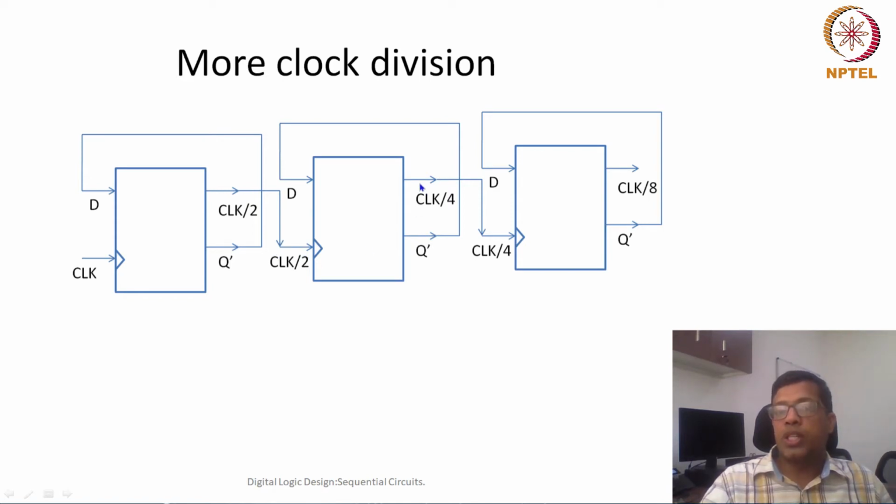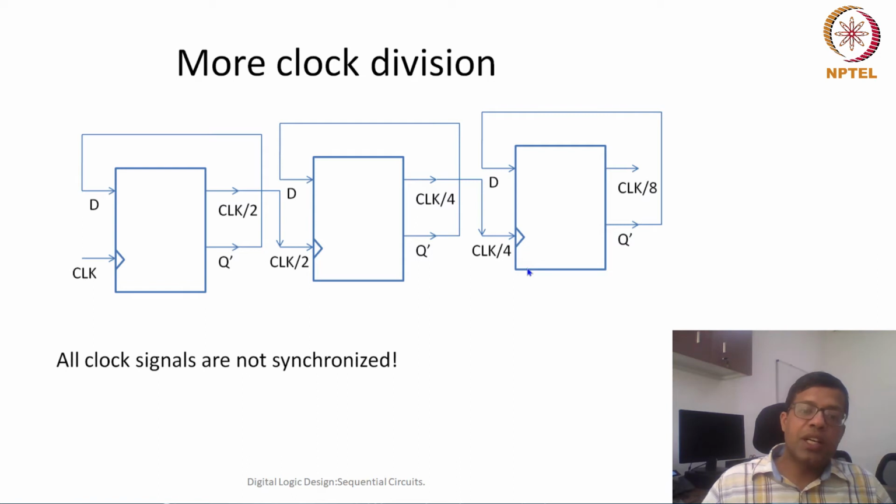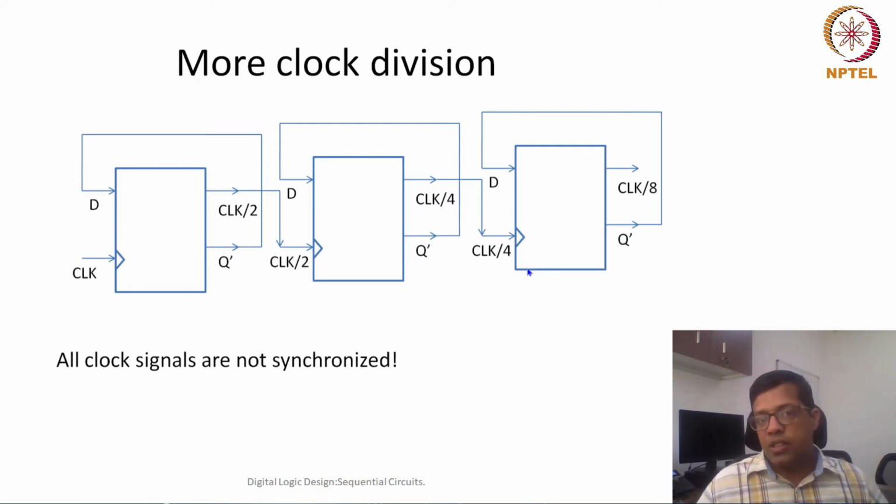So here the output is connected to the clock of the next cascaded flip-flop. This could be an interesting, efficient design where the circuit is very minimal. I just require T flip-flops and direct connections, no other gate essentially.